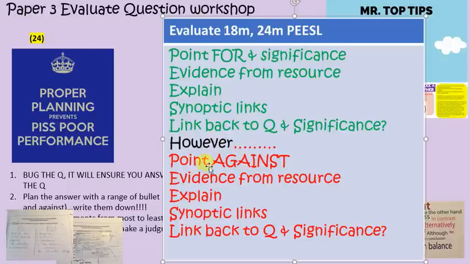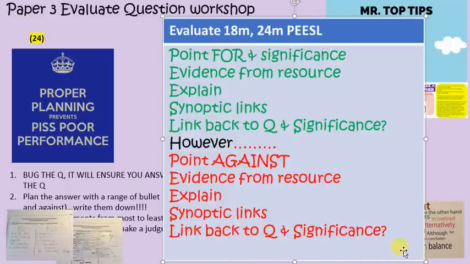However, give a counter argument and follow the same kind of structure, but for the counter. The most significant argument against is this. For example, as seen in figure 5, which shows this. This means that it's lacking sustainability because, yeah. Get in a synoptic link, link back to the question and significance.